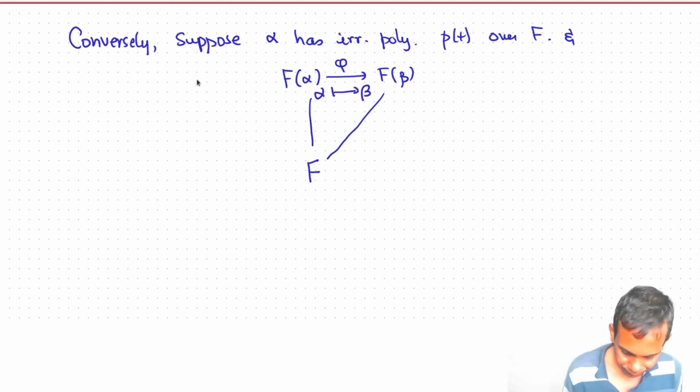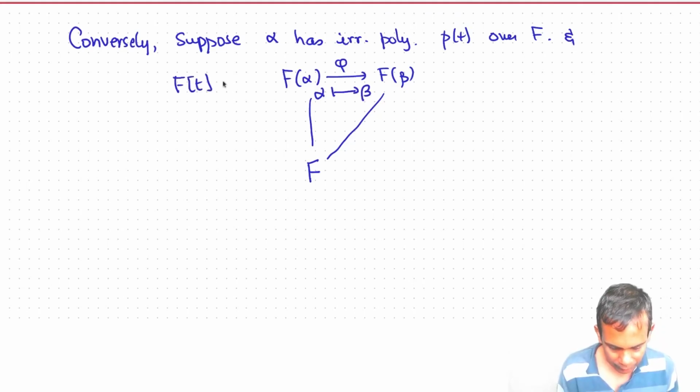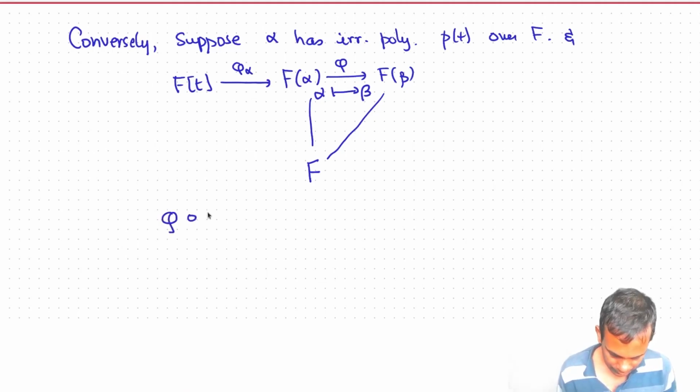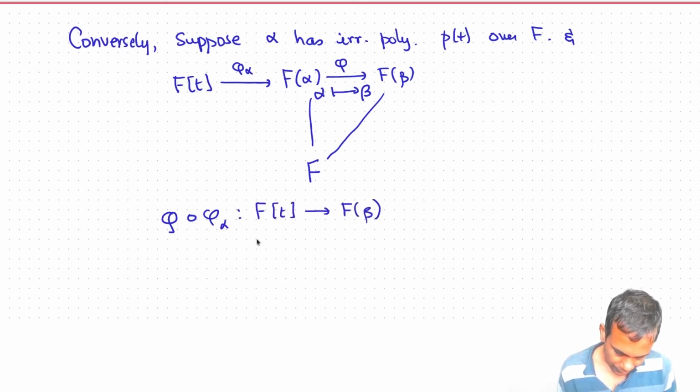Now from F[t] we have the map phi alpha, the substitution map, to F(alpha), and if you consider the map phi composed with phi alpha, this is a homomorphism from F[t] to F(beta), and this takes t to beta.